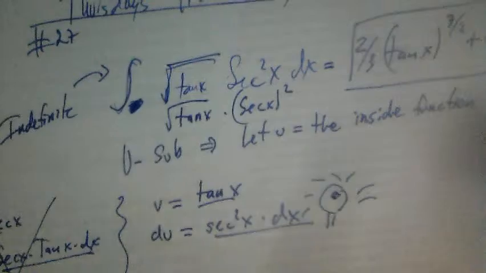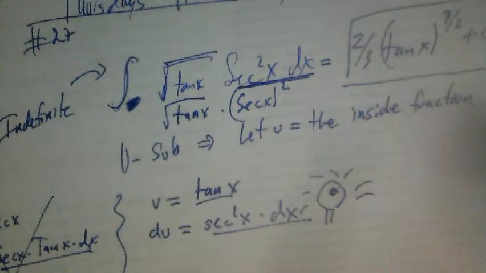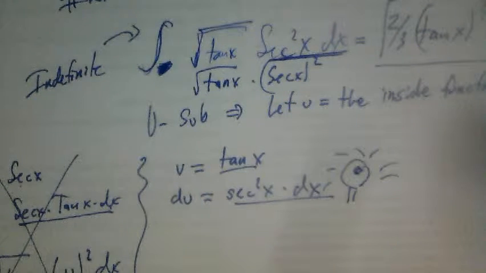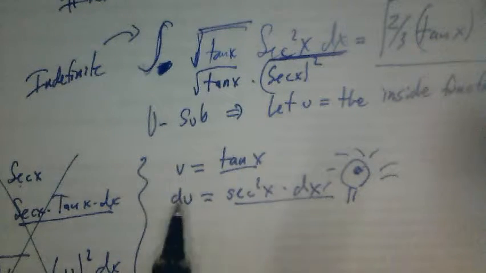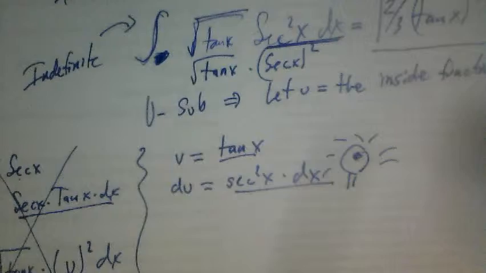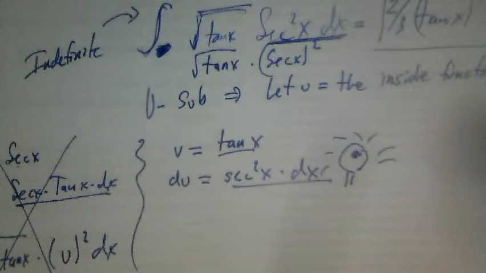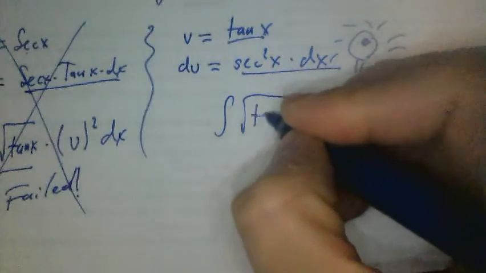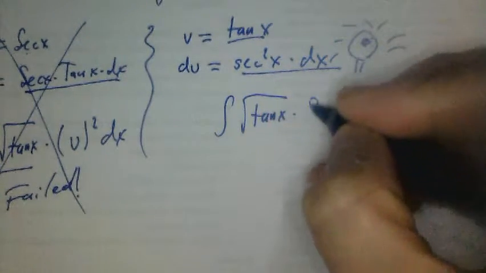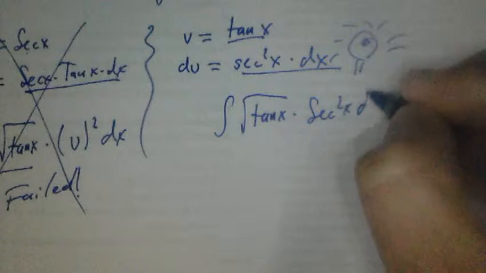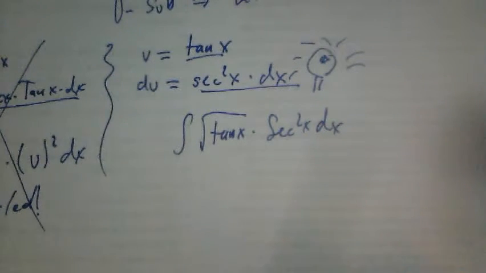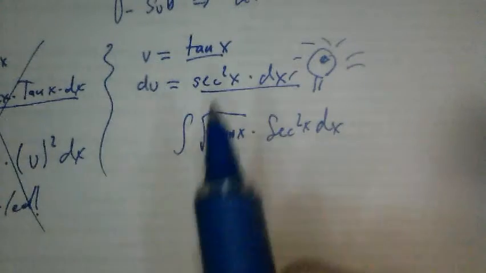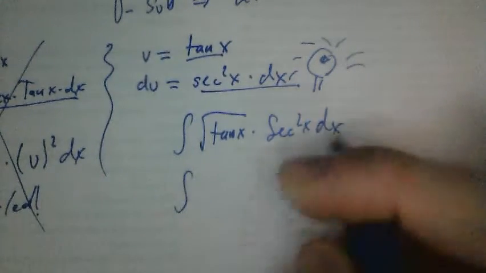Now we rewrite this problem with u and du substituted in. The integral of the square root of tan x times the secant squared of x dx. What was tangent is just u, so I rewrite this as the integral of the square root of u times secant squared of x dx, and that whole thing is du.